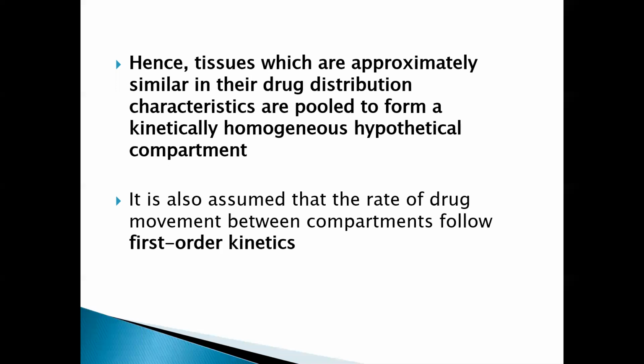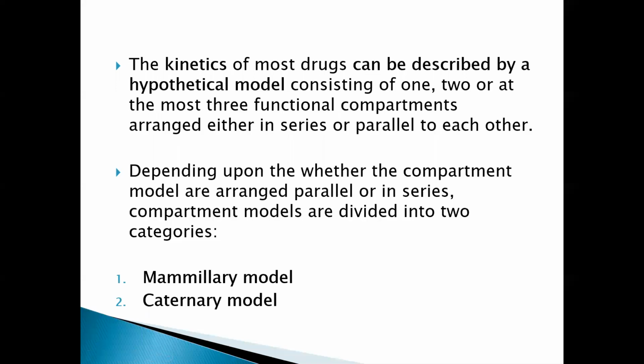It is also assumed that the rate of drug movement between compartments follows first order kinetics. What happens in first order kinetics? It is dependent on the initial concentration of the drug that has been administered.